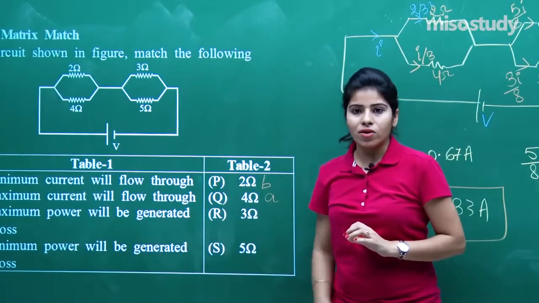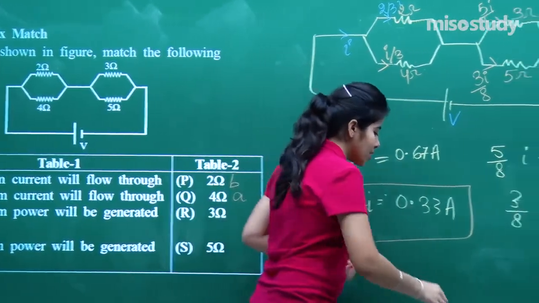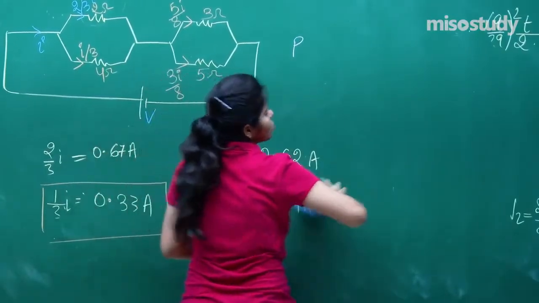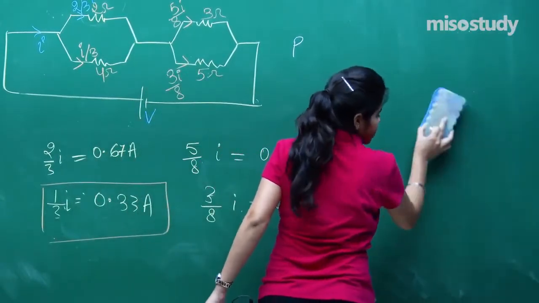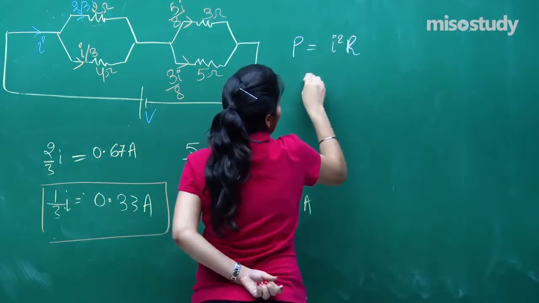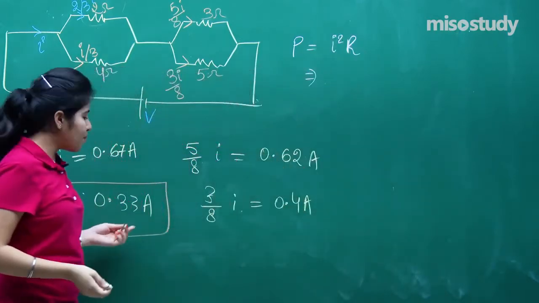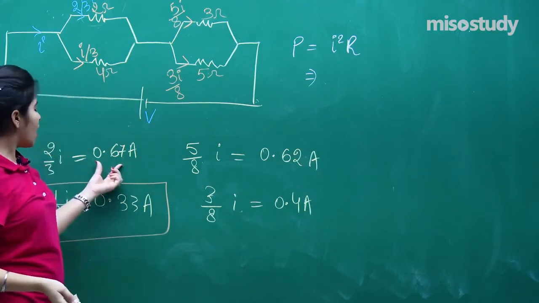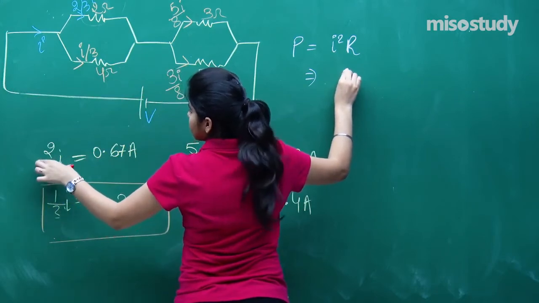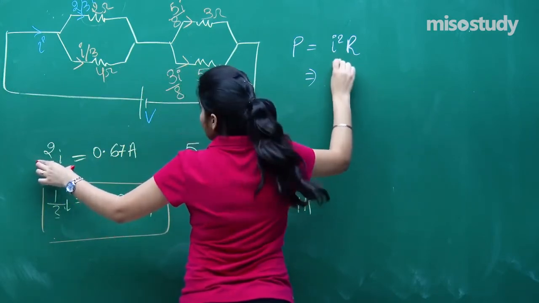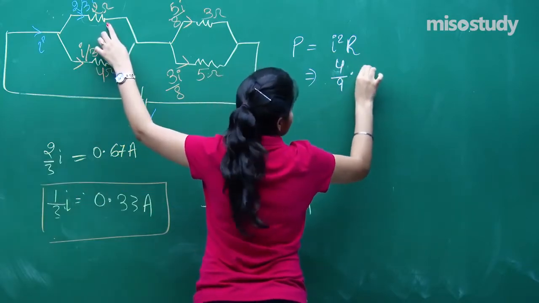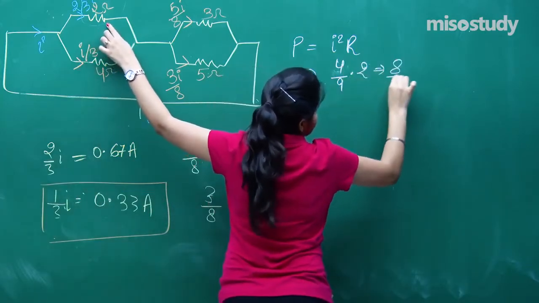Now maximum power. To find out the power, we can directly apply one formula, that is P equals I square into R. Now to find out the power across them, we have to do the square of I, that is I square, 4 by 9 into R. Your R is 2, that is 8 by 9.